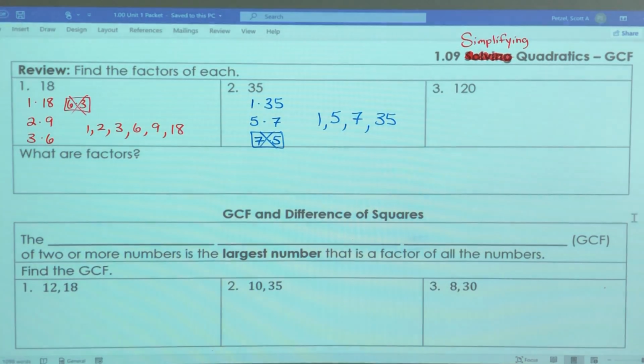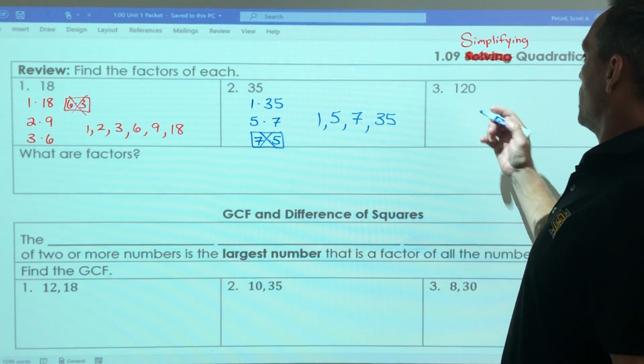120 is going to take a little bit of time. It's a lot of numbers, so at the end of the day, we're gonna do it and then rewrite it.